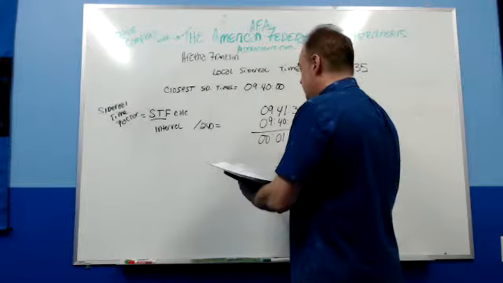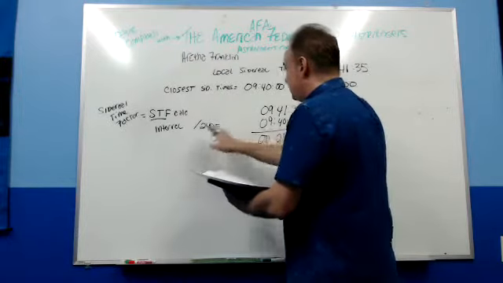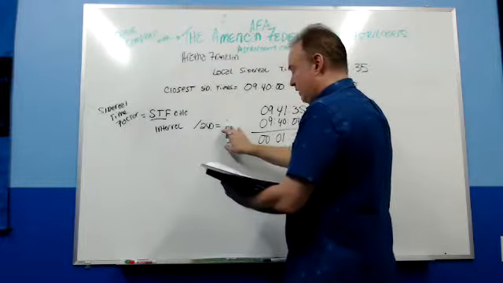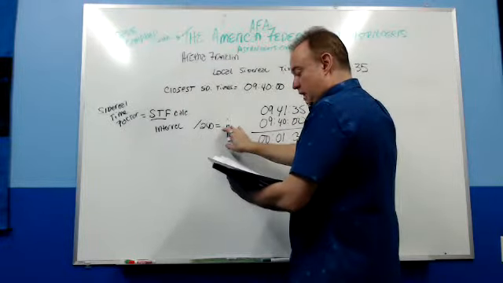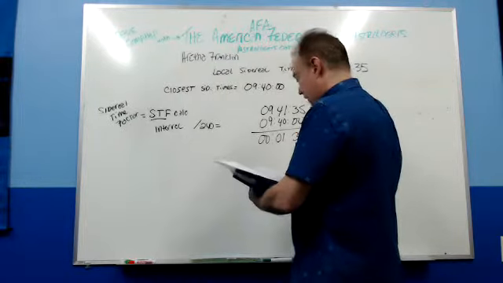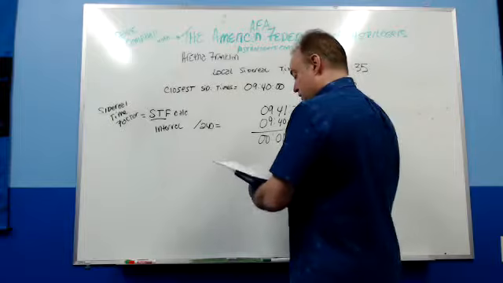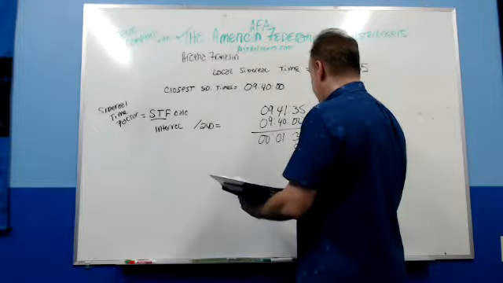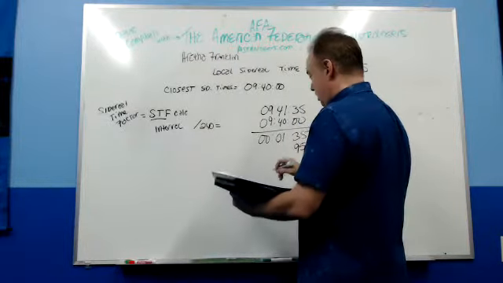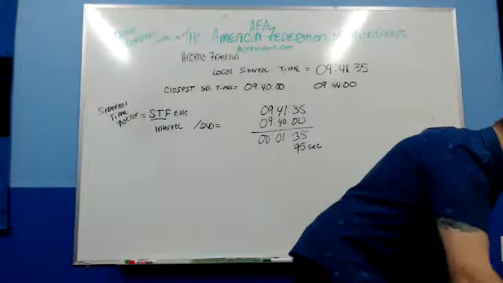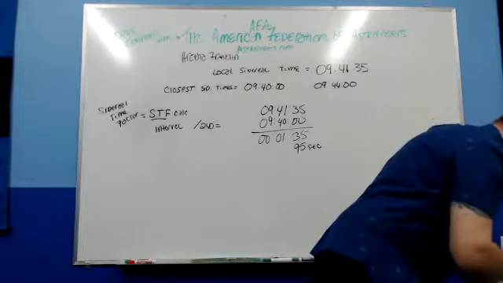So what we have to do is take that 1 minute 35 seconds and divide it by 240, which will give us the STF calculation. So we have to decimalize 1 minute 35 seconds, which is 60 plus 35, so 95 seconds. Let's make sure.